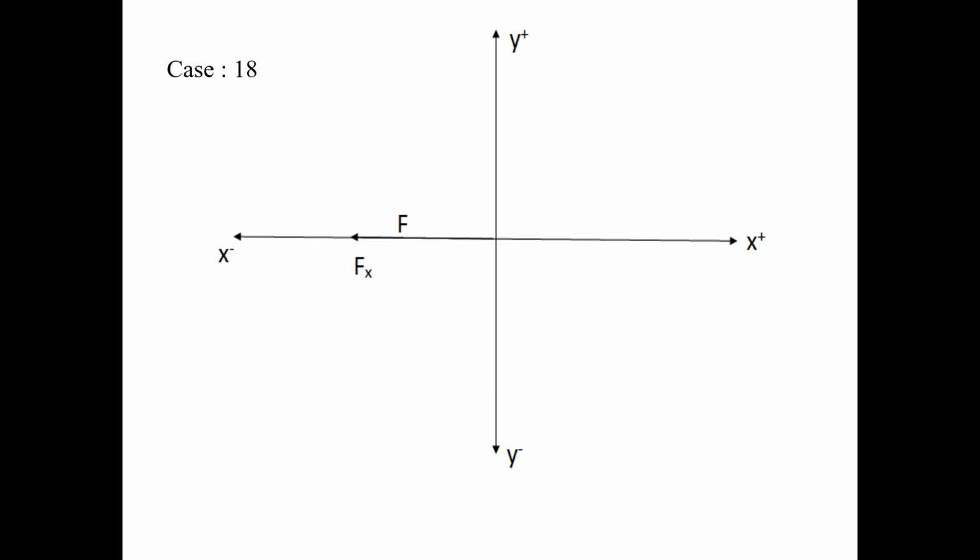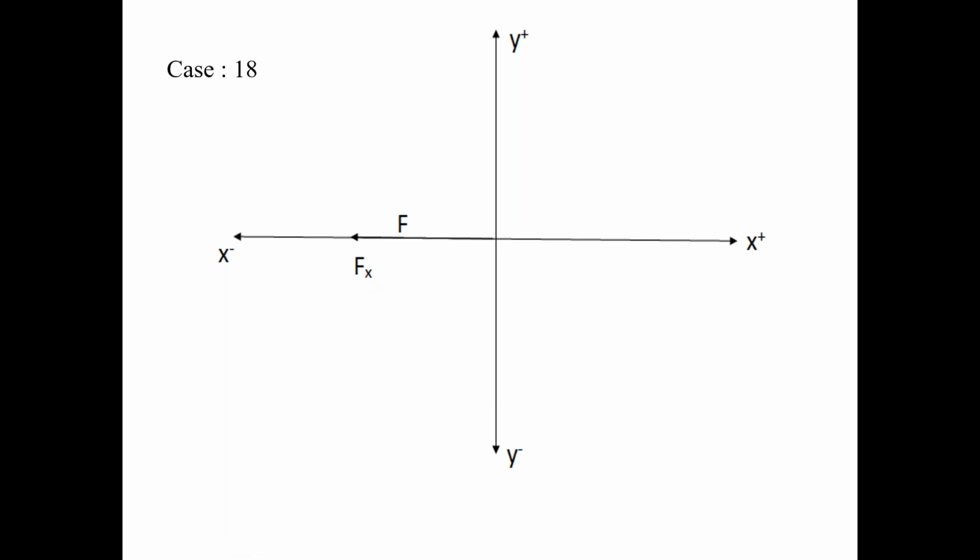Condition 18. In this 18th condition also, the force F is acting on the x-axis. So check this force F. The force F is acting on the x-axis. Since the force F is acting on the x-axis, here also the x-axis projection Fx is equal to F. But the direction of force F is towards the negative x-axis, so the x-axis projection Fx is the negative projection.